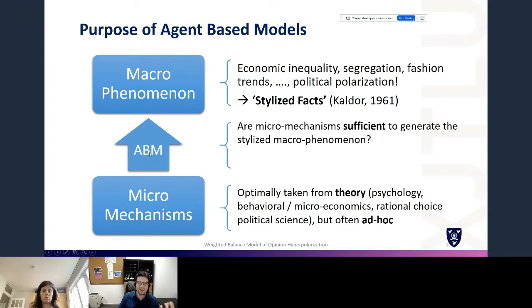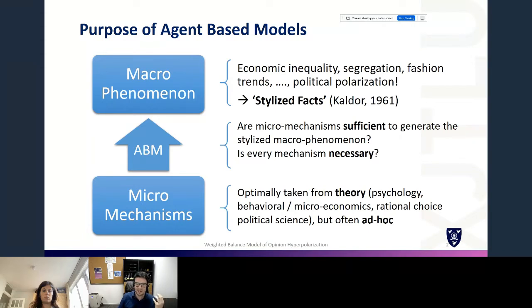So in my view, an agent-based model is a kind of thought experiment where we ask ourselves the question, what if individuals in a society would really act according to these micro mechanisms? What would happen? And specifically, would the macro phenomenon that we are interested in emerge from this? So in other words, are the micro mechanisms sufficient to generate this stylized macro phenomenon?